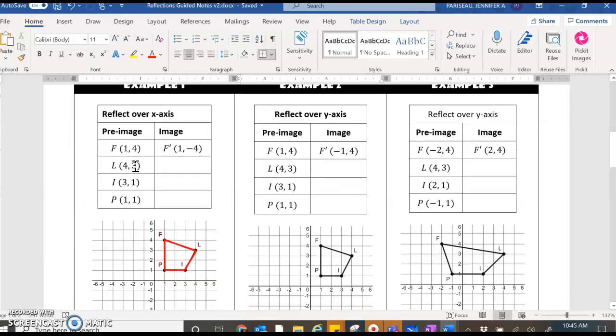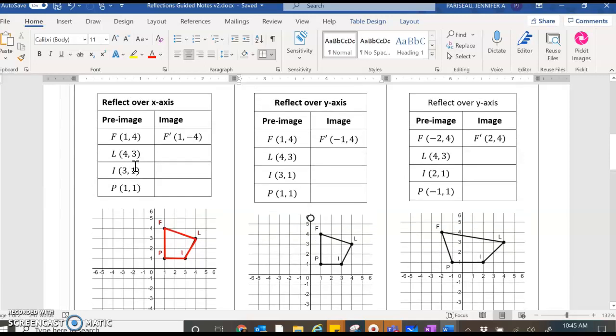Here, I've already given you the first image, and what I'm going to ask you to do is go ahead and graph the new image. With reflection, what I like to do is highlight what I'm reflecting over, so that I can visually see. In this case, it says to reflect over the x-axis.